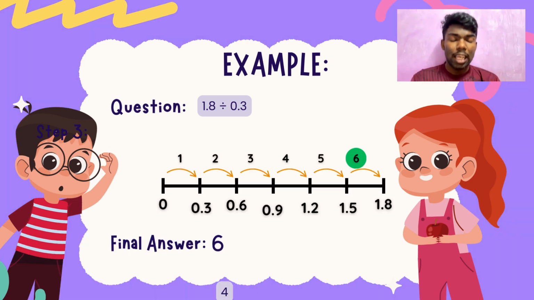We can see here the jumps: 0 to 0.3, 0.3 to 0.6, 0.6 to 0.9, 1.2, 1.5 and 1.8. So we can conclude here 0 to 1.8 is 6 jumps. So 1.8 divided by 0.3 gives us 6. The final answer is 6.